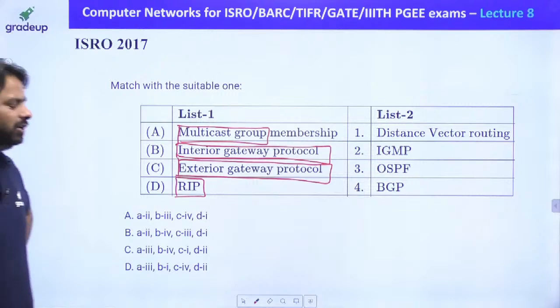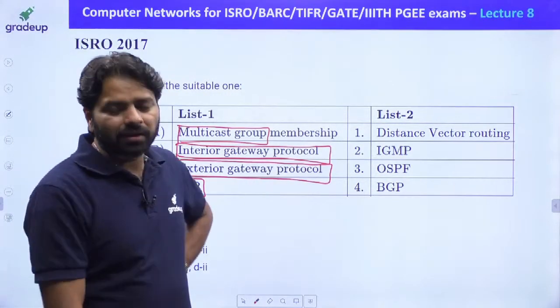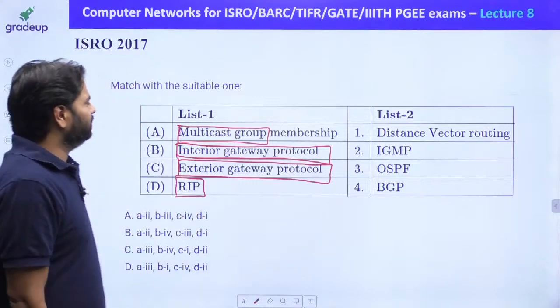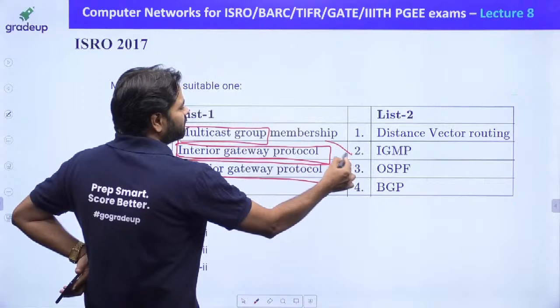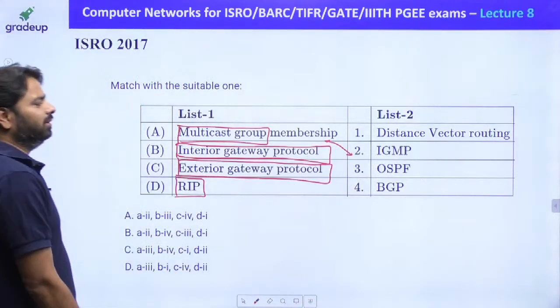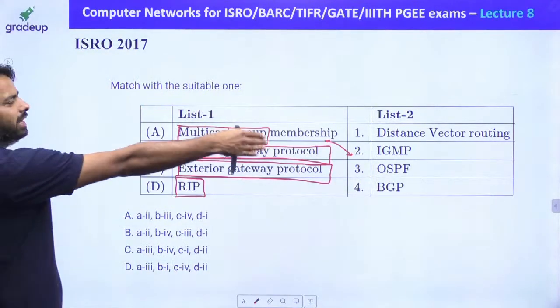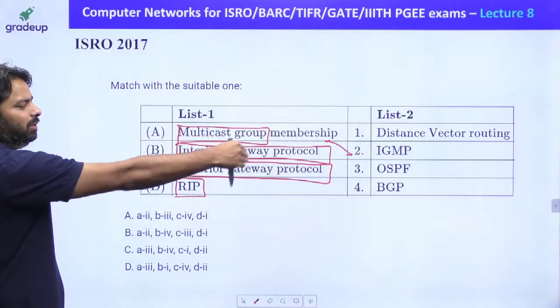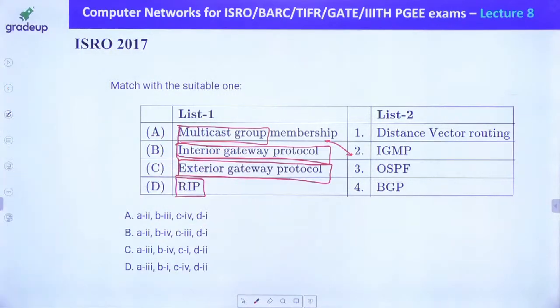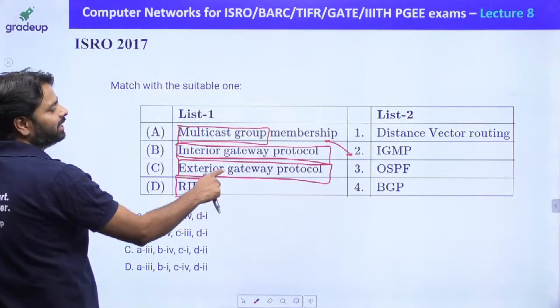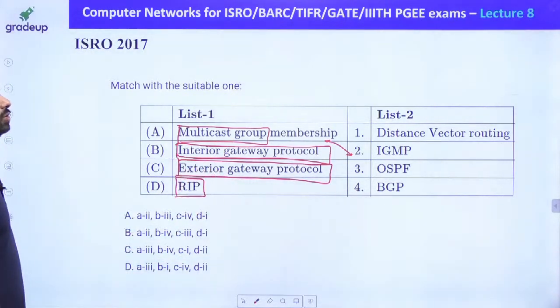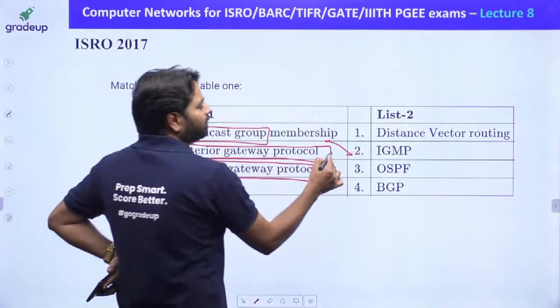So where did you study this? In routing. In routing, multicast group membership is related to IGMP, and we have so many protocols there: distance vector routing, IGMP, OSPF, and BGP. Now the confusion is interior versus exterior gateway protocol. Which one do you choose for interior?